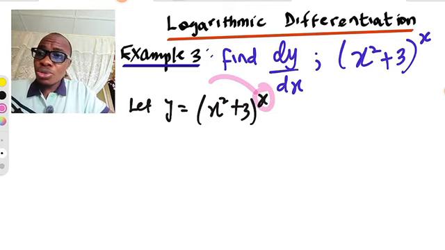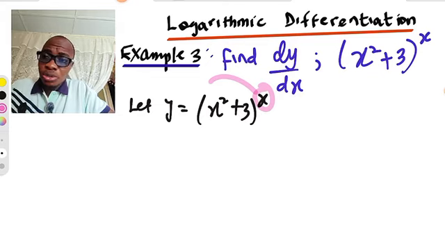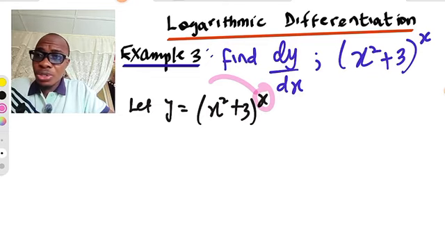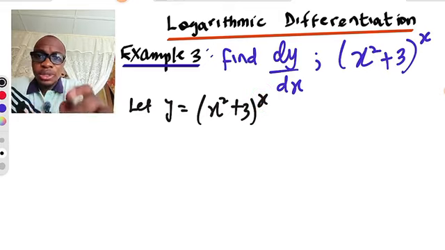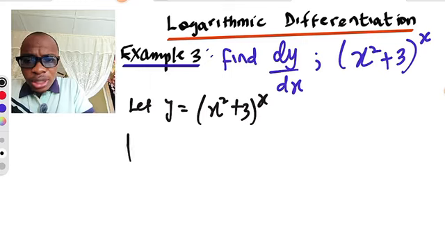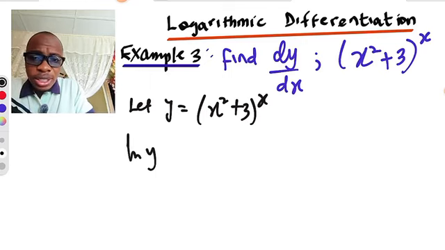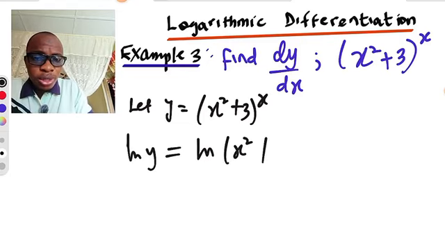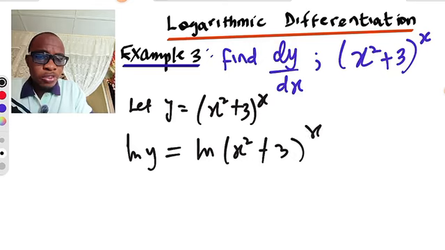To do that, we introduce the natural logarithm to both sides: ln y equals ln of (x squared plus 3) to the power of x.